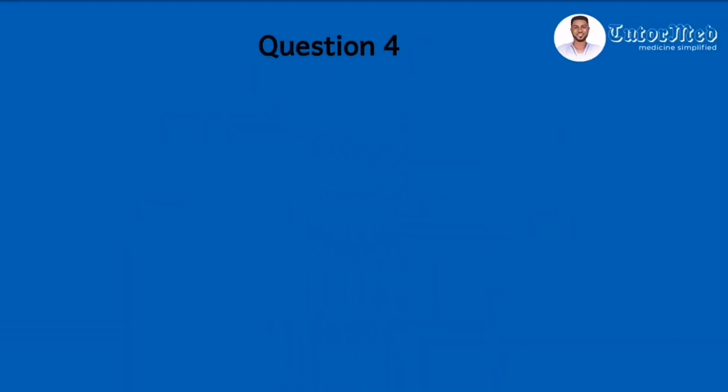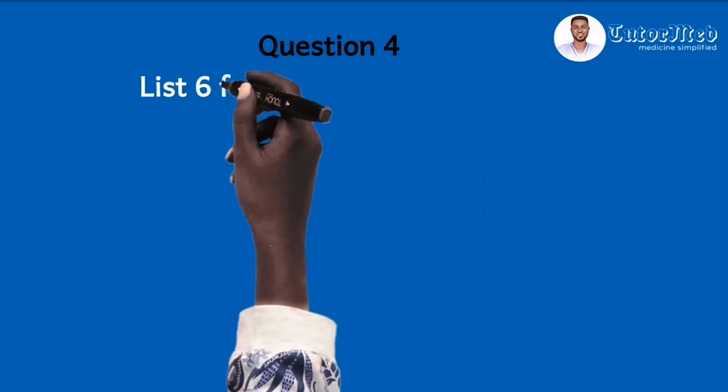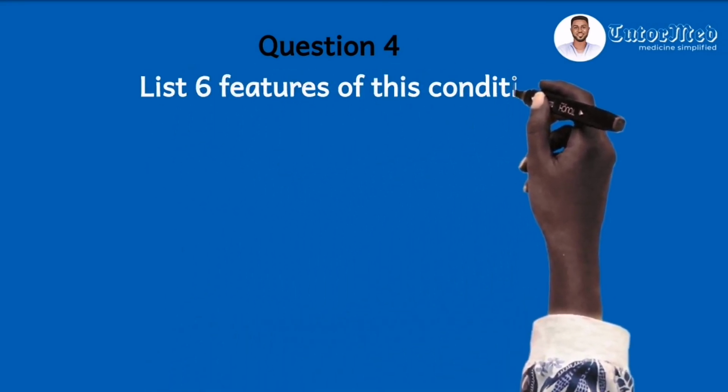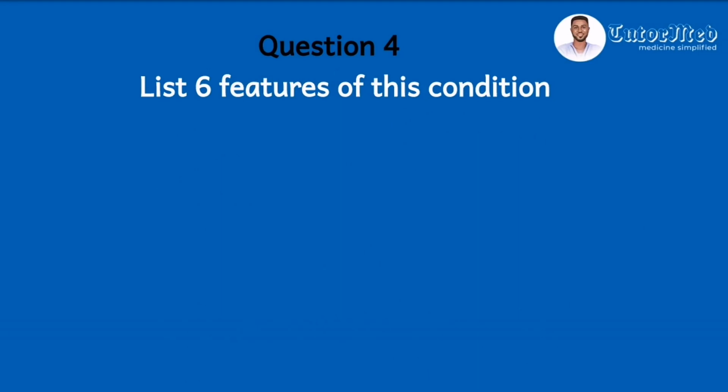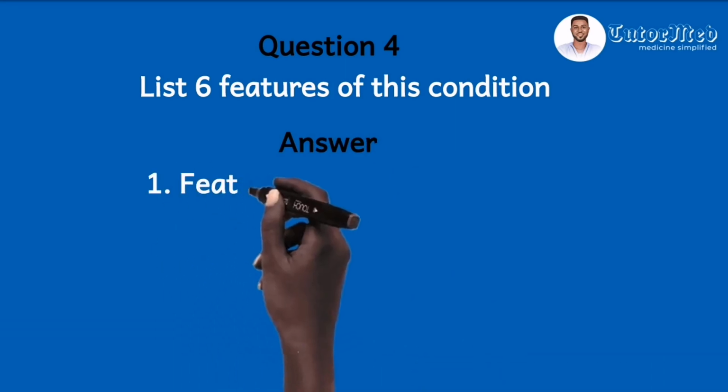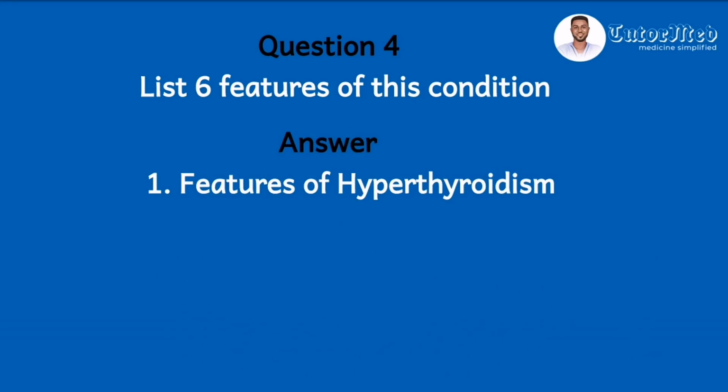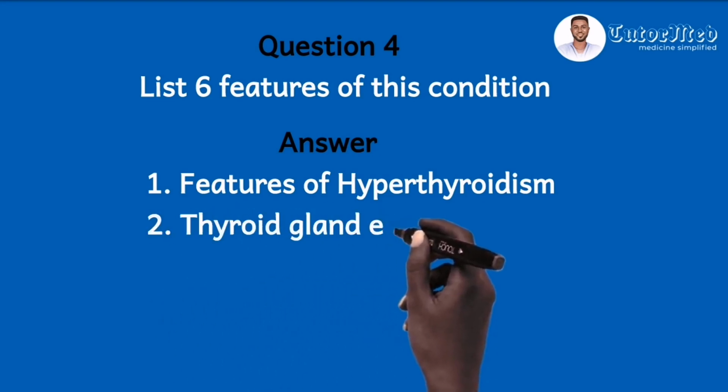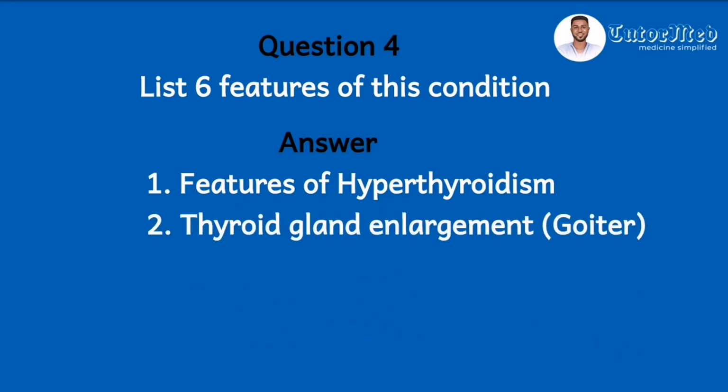Question 4 was asking us to give 6 features of this condition. Now, for this question, I like to look at the clinical features of Graves' in 4 ramifications. 1, a patient with Graves' would have features of hyperthyroidism, and so we will look at those features. Then remember, it may be associated with a thyroid gland enlargement, that is goiter.